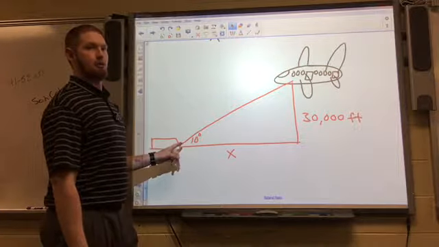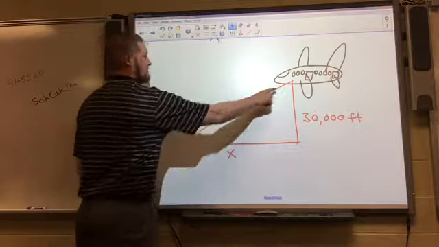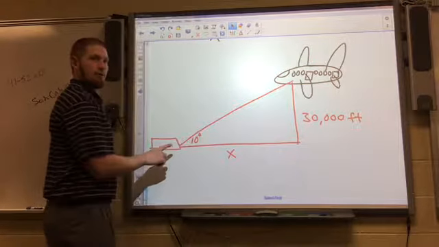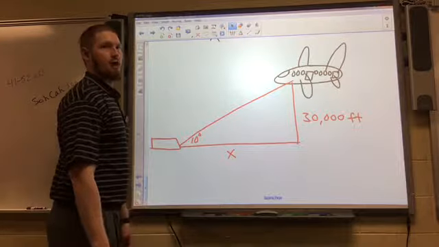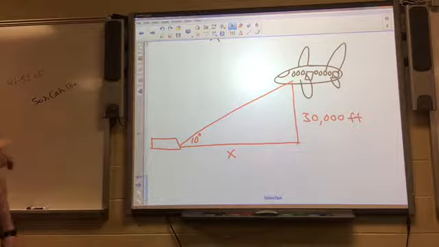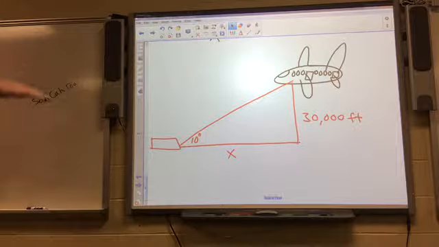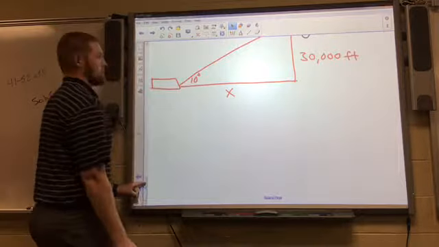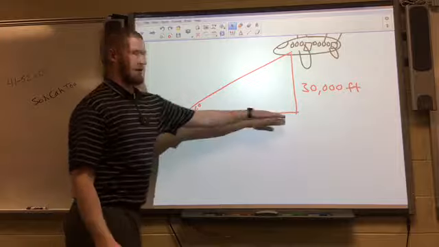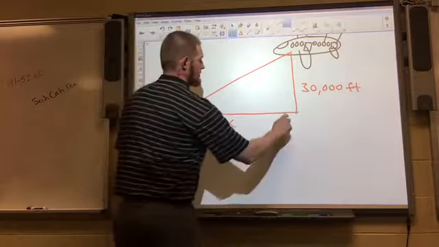Now, when you measure something, you don't include this angle. If I'm talking about how far it is from here to Denver, do I take the elevation into account? No, it's all a horizontal distance. So I need to find this length. How far am I?